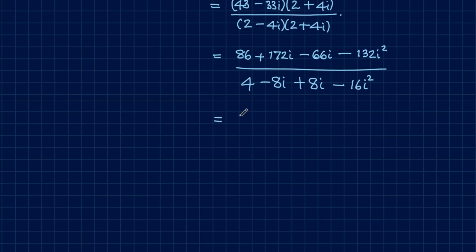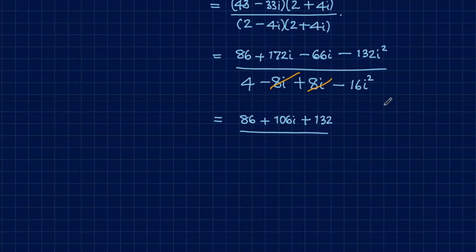So let's keep simplifying. We have our 86. The terms in the middle simplify to positive because this one is bigger, and that is 106i. Then here this becomes positive 132 because of the negative 1 from i squared. And we come to the denominator. We know this one also cancels out.